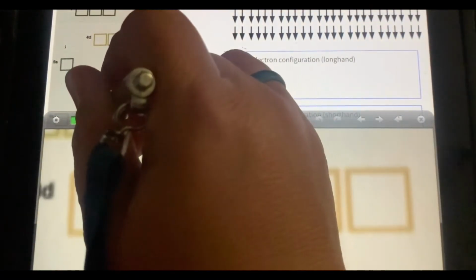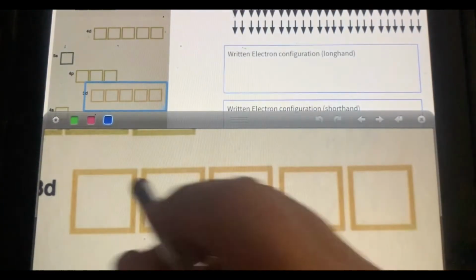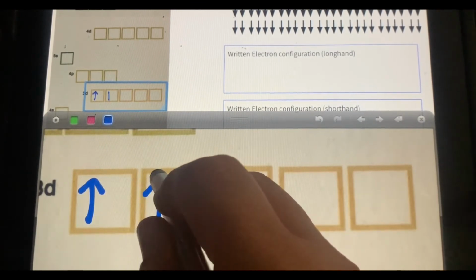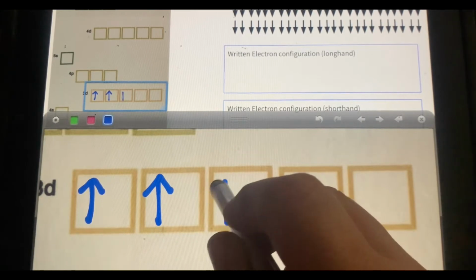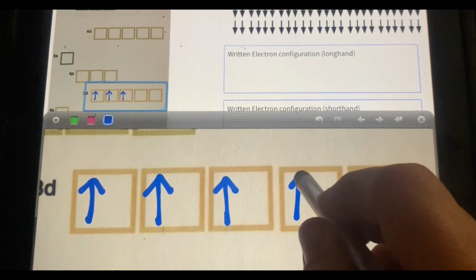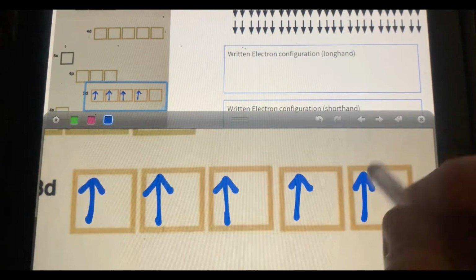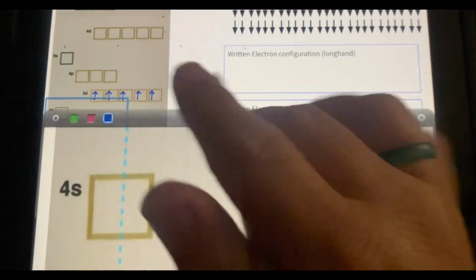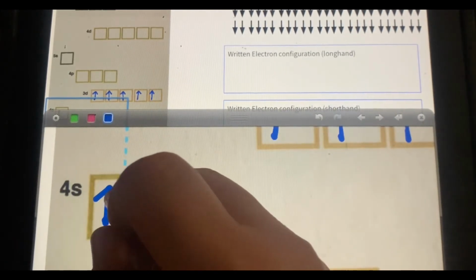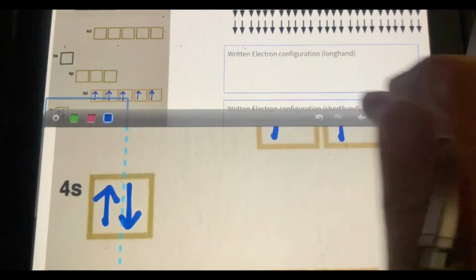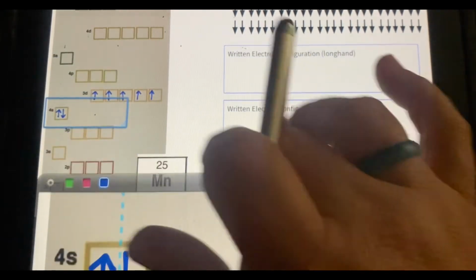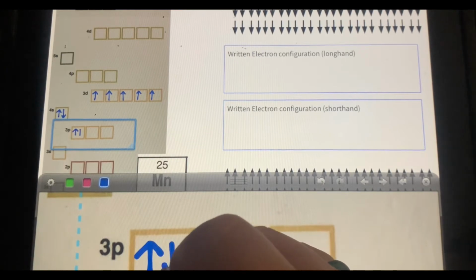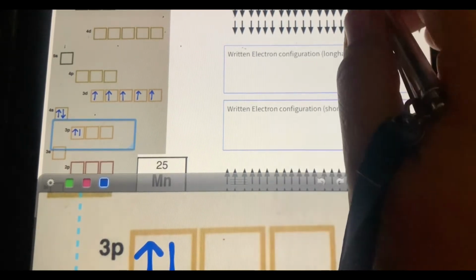So to my D block I go, and I'm going to put up arrow, 1, 2, 3, 4, 5. And now I'm going to fill everything else below that point. So up, oops. I broke a rule.